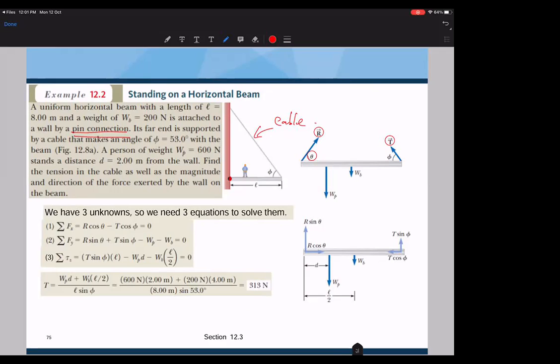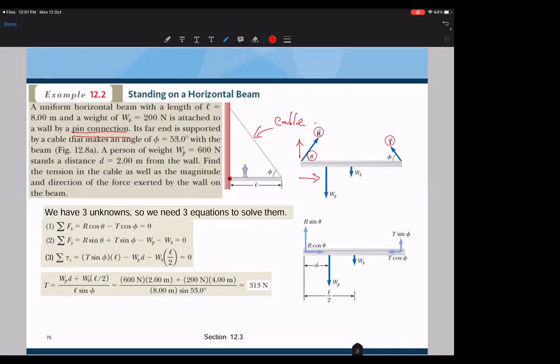Typically, it would support the beam or any weight on it by a normal force that goes parallel to the beam. And at the same time, it would provide an upward support to the weight of the beam as well as the person on it.